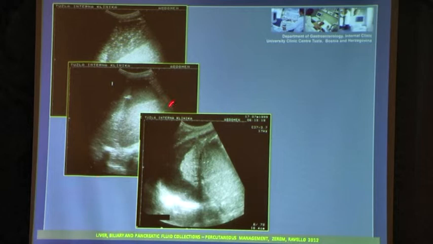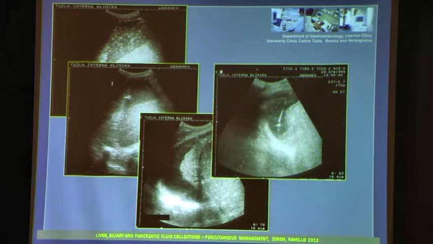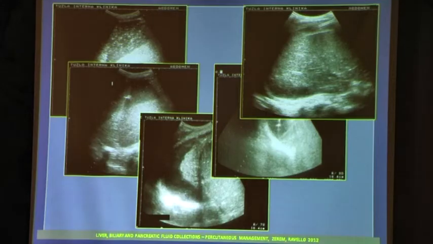This is a situation when a catheter was introduced by the Seldinger method into the abscess collection. The drainage process went properly, but the abscess collection persisted until we introduced a catheter into the pleural collection and solved it. After that, the abscess collection in the right upper quadrant of the abdomen disappeared, and as you can see, the liver and the right upper quadrant of the abdomen are without any abscess collections.